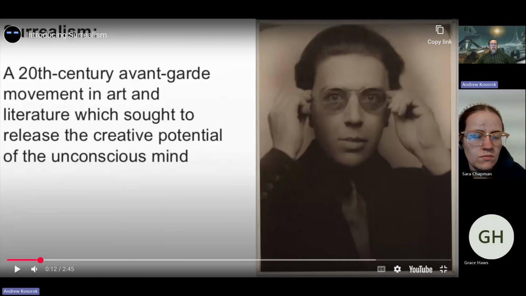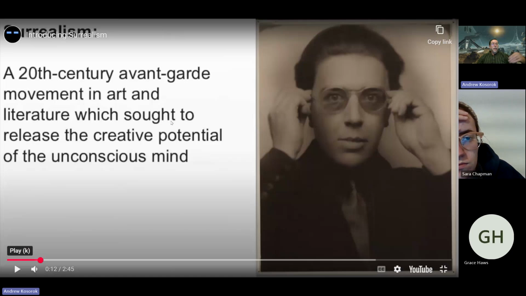No, almost, not quite. Avant is French for advance, and garde is French for guard. So it's the advance guard. It's the people that are going forward before everybody else. And so a lot of movements are avant-garde when they step away from what everybody is expecting. And so that's why they're talking about Dada going into Surrealism.